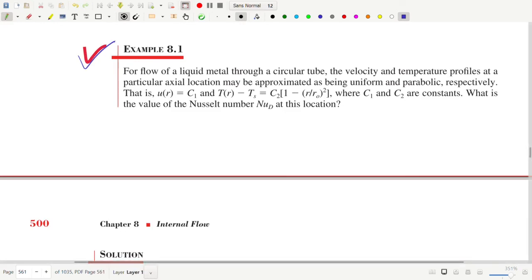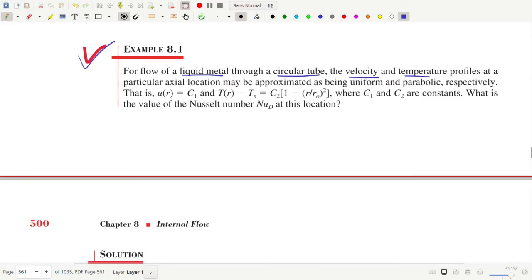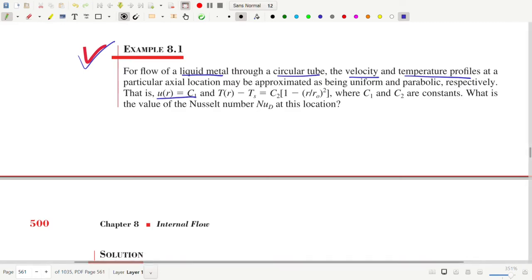For a flow of liquid metal, in this case through a circular tube, the velocity and the temperature profiles at a particular axial location are given. The velocity profile in this case is uniform and the temperature profile in this case is parabolic, where C1 and C2 are constants.